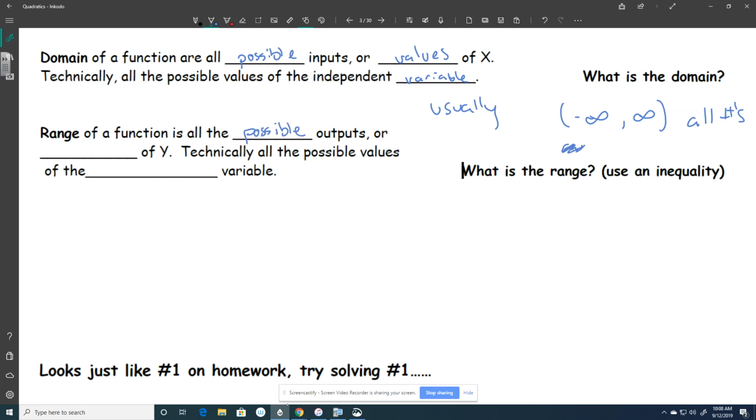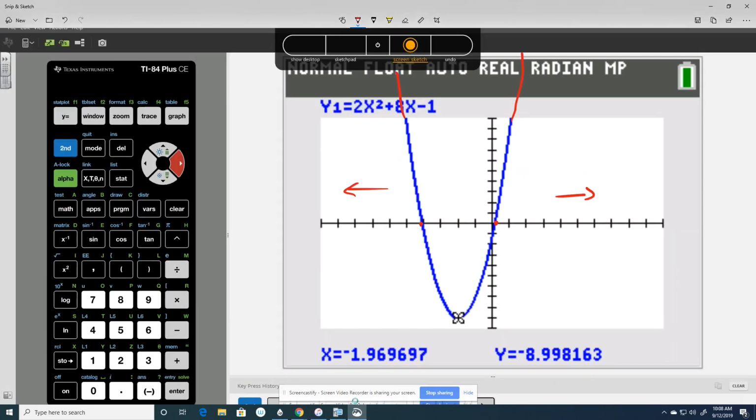All of the possible outputs or values of y. And that's the key right there. What are all the different values of y? When I look at my picture, my y values get bigger, bigger, bigger, bigger on this side, get bigger, bigger, bigger here, but they don't ever go below that line right there.